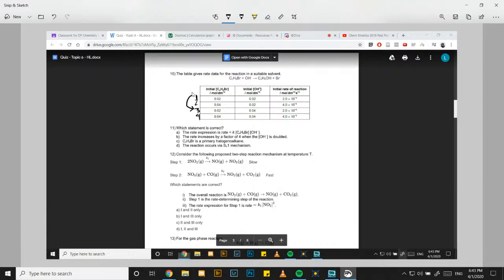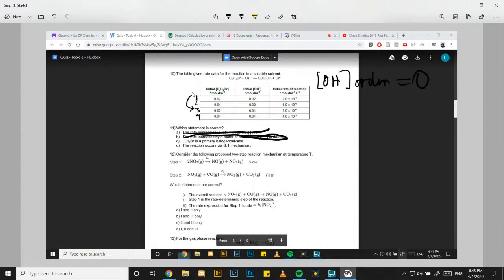However, you have no change in the rate of reaction, which means that for the OH the order is equal to 0, which means this cannot be true, because this says the order of OH is plus 1. Then the rate increases by a factor of 4 when the OH is doubled. Again, that implies it's order 2. But the OH has absolutely no effect on the actual reaction, and how much OH doesn't affect the rate of reaction.